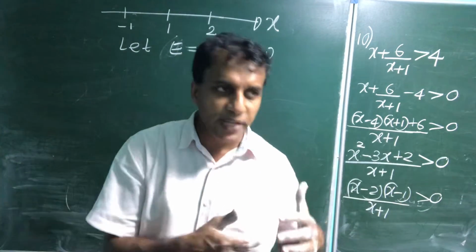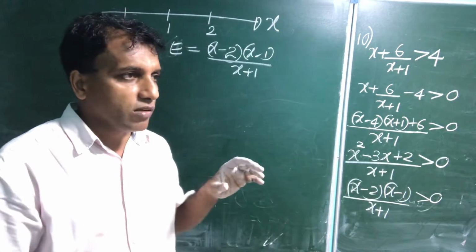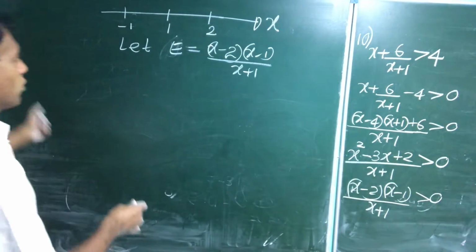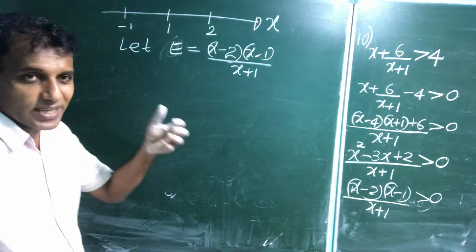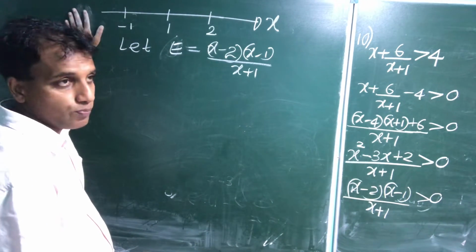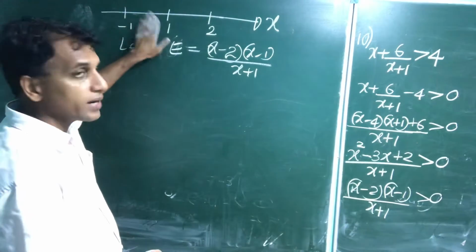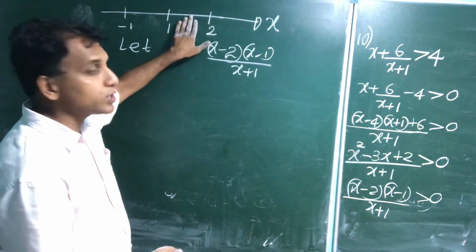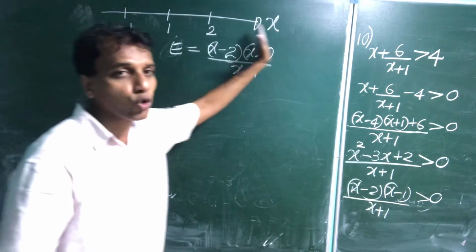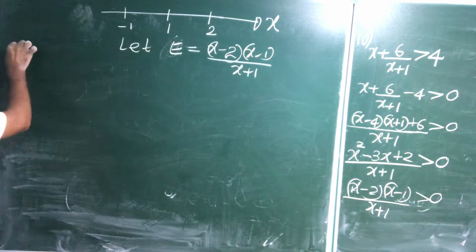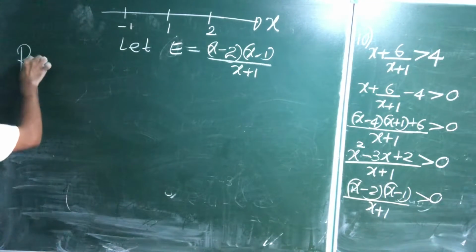In such a complicated fraction, we prepare a table. The ranges are x less than -1, between -1 and 1, more than 1 but less than 2, and more than 2 up to infinity. So see my table, the range of x.